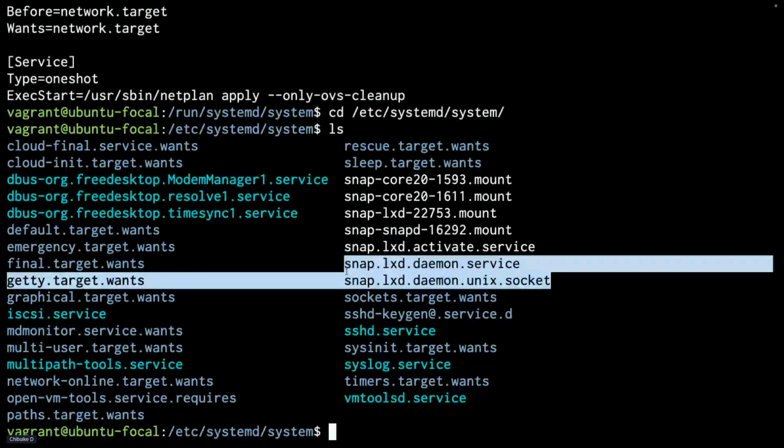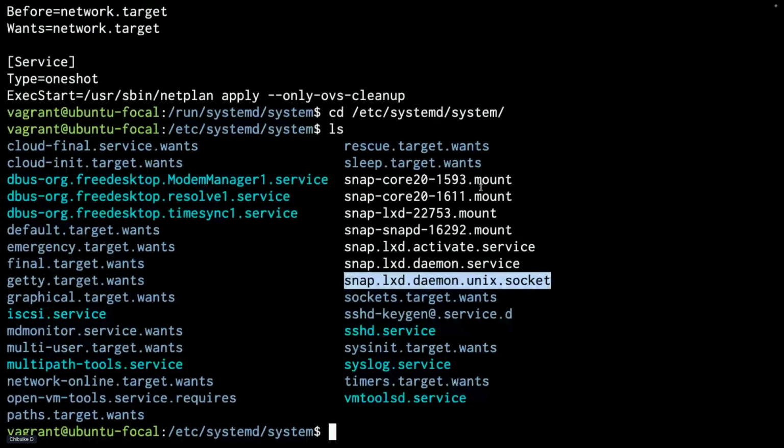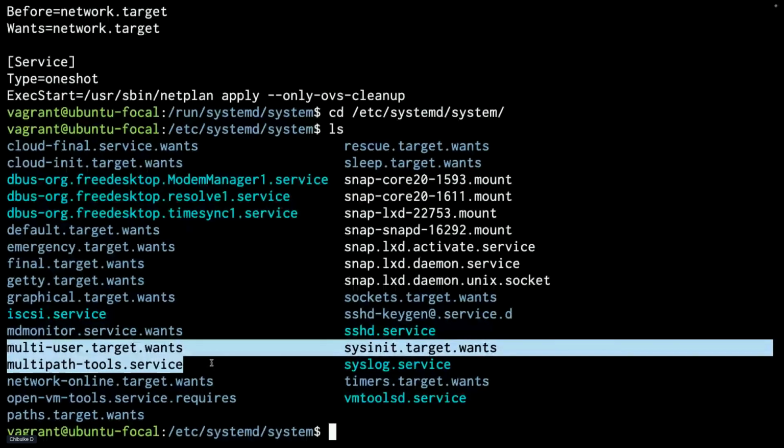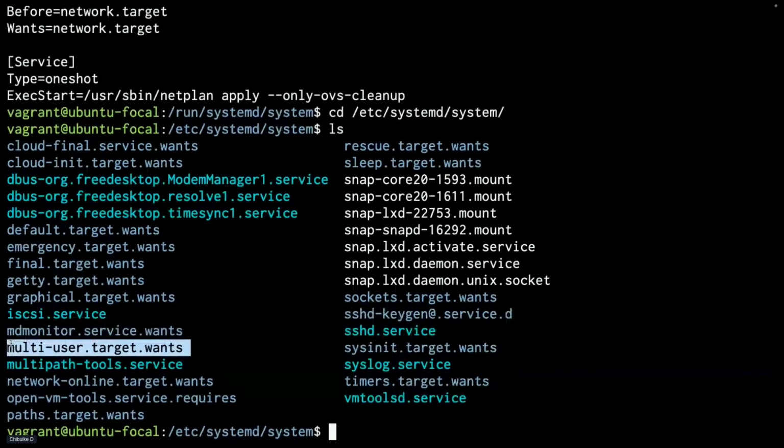This is a snap installation for snap services. This is the mount point for snap, and so on and so forth. Multi-user targets, which manage having multiple users in a service and all that.